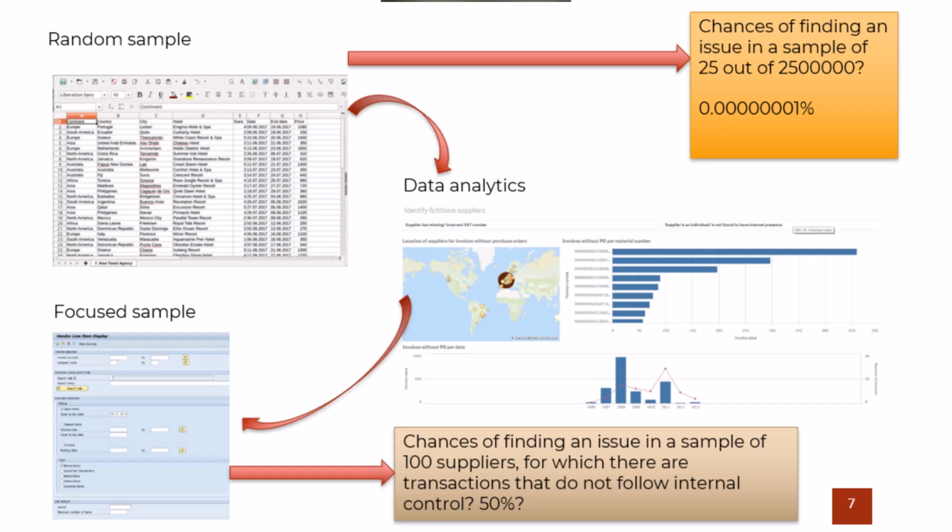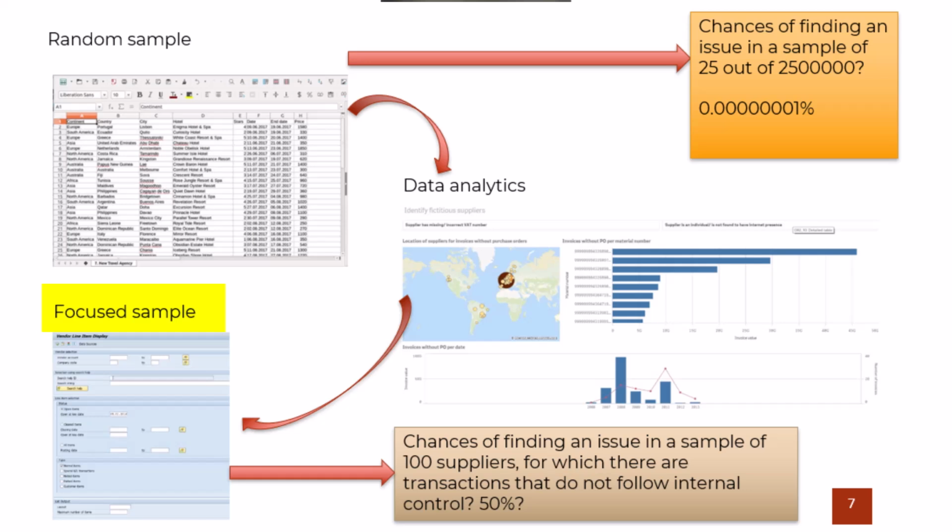So we want to get away from doing a random sample. A random sample would be like you just get an Excel file from somebody in the entity, and then you take 25, and the coverage you're going to get is not going to be very much. Whereas in a focus sample, we're talking about doing some data analytics first.